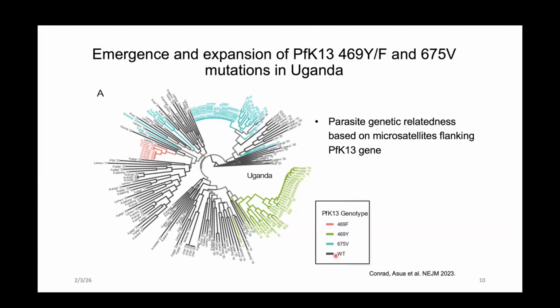So here we have 3 mutations of interest: the 469F, which I don't know whether this is red, but at least here it's the one, then the green 469Y, and then the blue 675V.